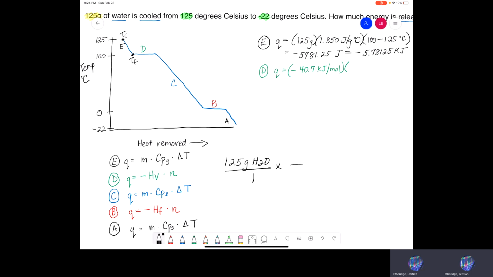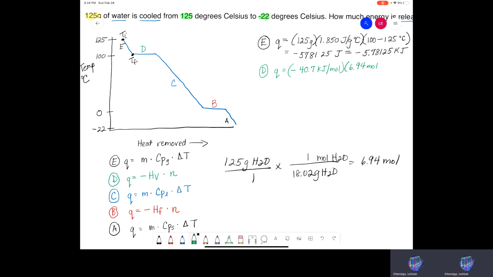Put it over 1 mole of water, 18.02 grams. Take 125 divided by 18.02, and you end up with 6.93. Whoop, let's be proper here. 6.94 moles. Okay, that's the number that goes up here.